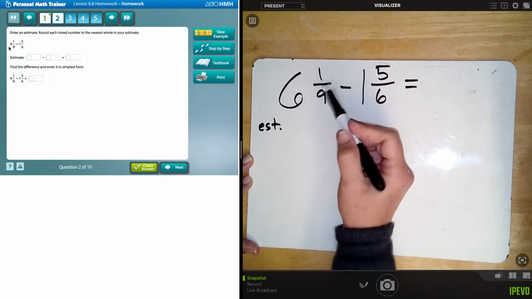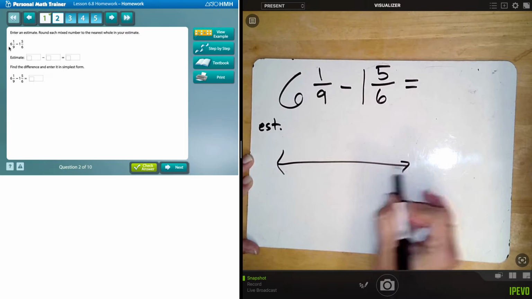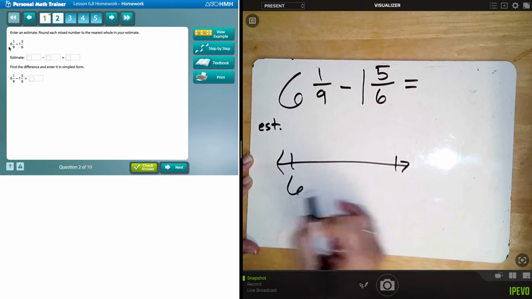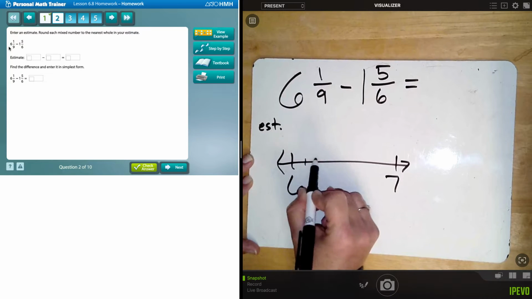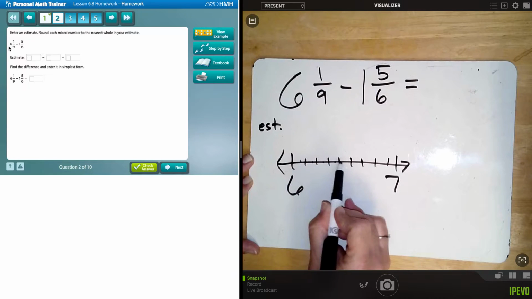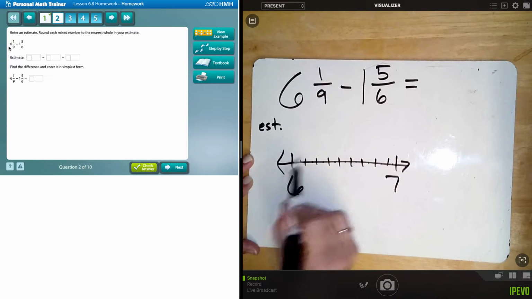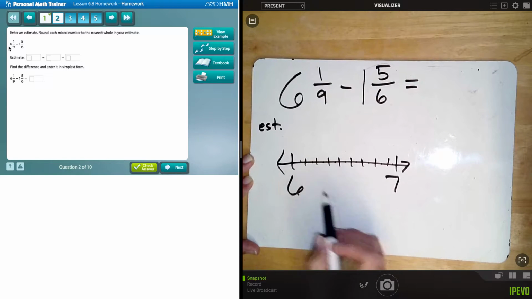6 and 1/9, 1/9 is barely anything. If I was on a number line and I'm trying to place 6 and 1/9 between 6 and 7, here's 1, 2, 3, 4, 5, 6, 7, 8, 9. I've broken this whole space between 6 and 7 into 9 equal parts.